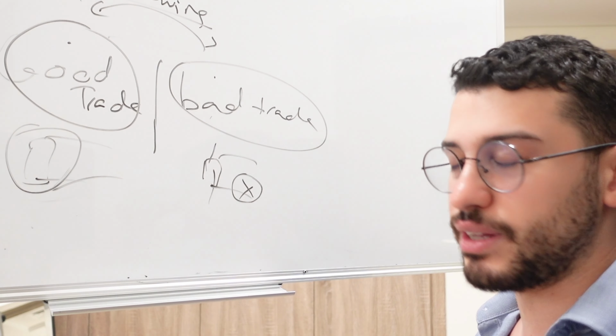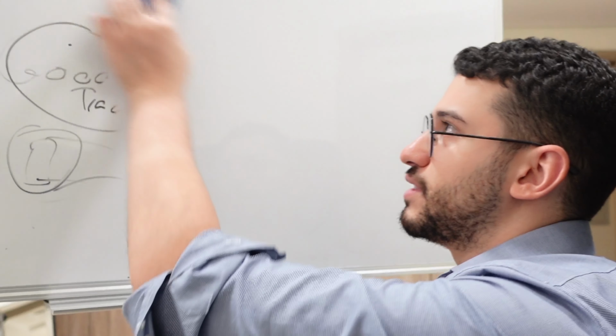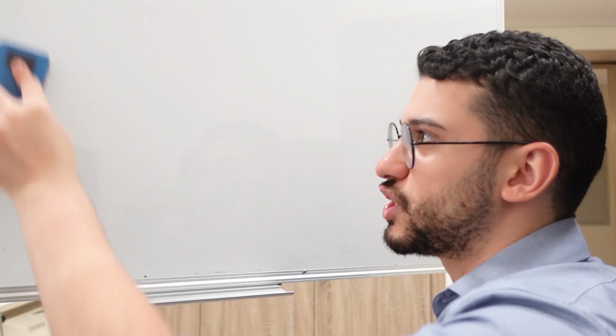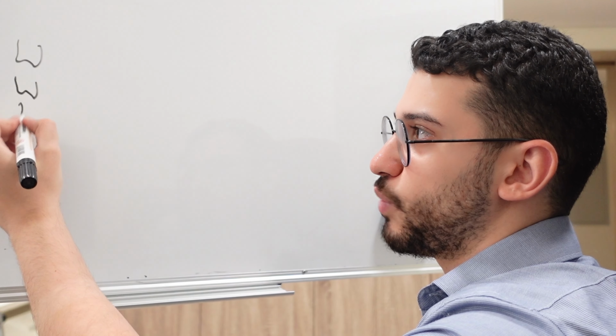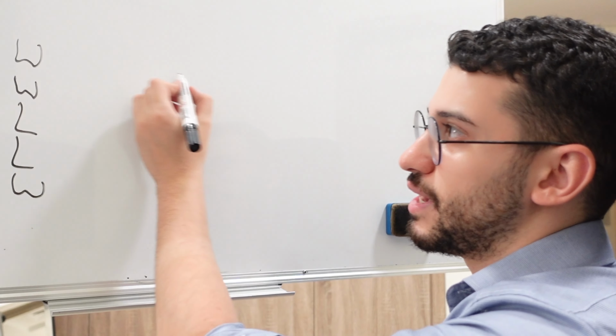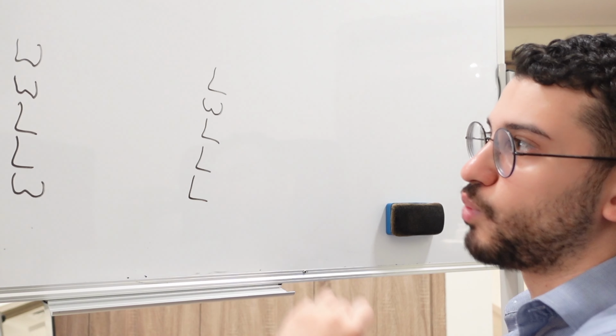So the real way of determining what is a good trade and what is a bad trade is the following. I call this the documentation methodology, and this is how you build your quality assessment systems. What I do is for every single trade, win or lose, okay, we have, let's say, this batch of trades right there.